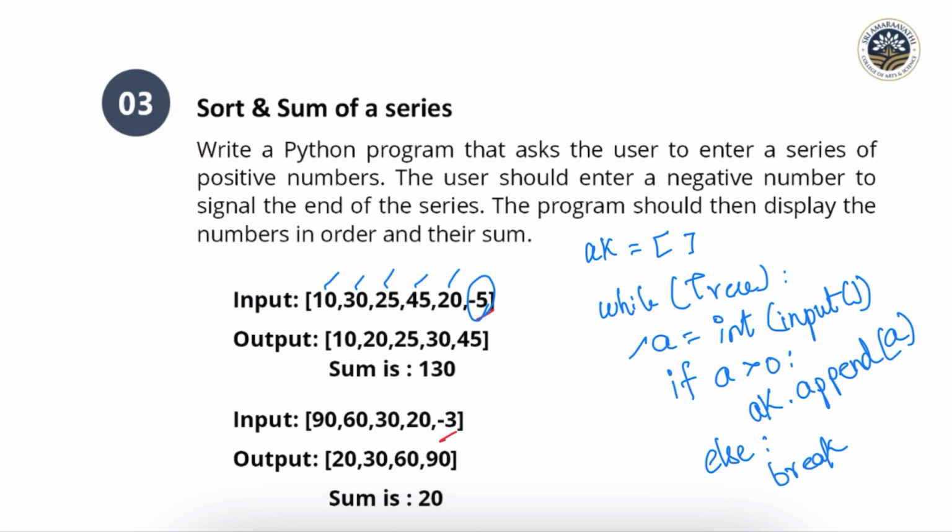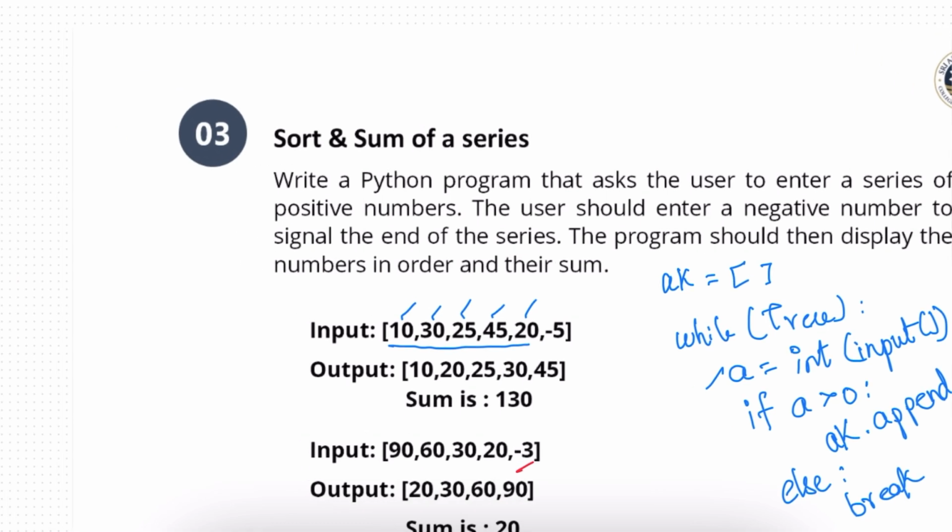Instead it will terminate the while loop, so this value will not be inside the list. I hope you understood. So only these values will be stored in the list. The next thing is that you need to make the list in ascending order.